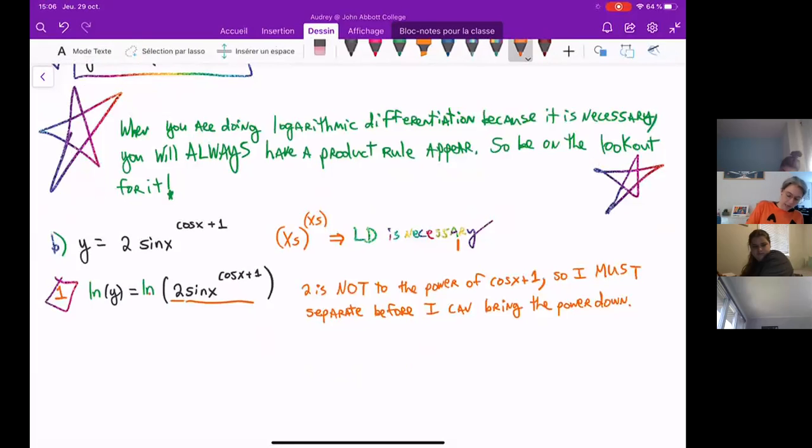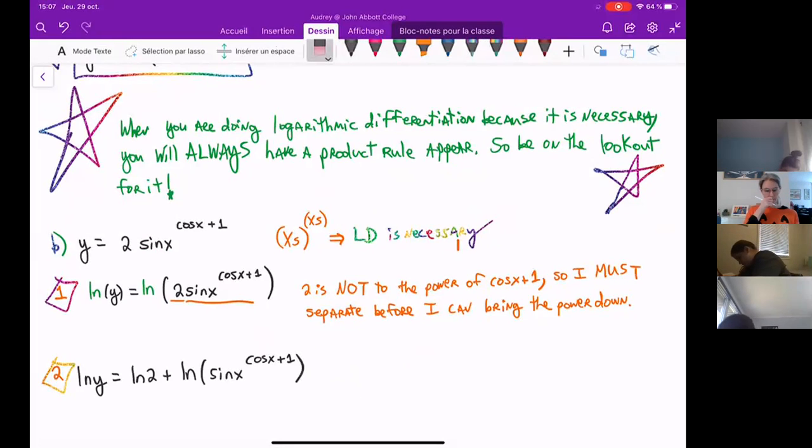So what that means is in my step 2, the first thing I'm going to do is ln y is equal to ln 2 plus ln of sine x to the cosine x plus 1. Okay, now, so there I used my rule 1. Now can I go to rule 3 and deal with the power?